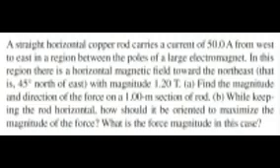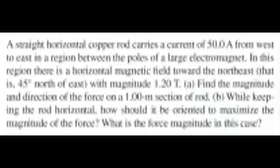So for example, a straight horizontal copper rod carries a current of 50 amperes from west to east in a region between the poles of a large electromagnet. In this region, there is a horizontal magnetic field toward the northeast, 45 degrees north of east, with magnitude 1.2 Tesla.